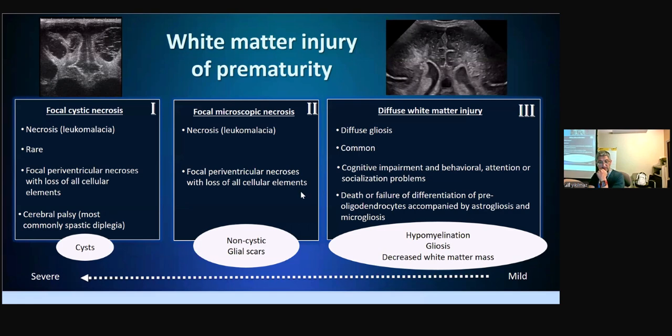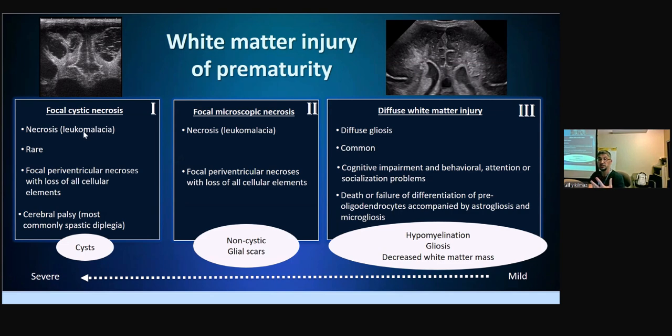So this is also a more detailed slide, but this nicely explains, because everyone thinks of when there is white matter injury, people think that this is all about the cystic PVL. But cystic PVL is actually rare, not the most common, and we see necrosis.